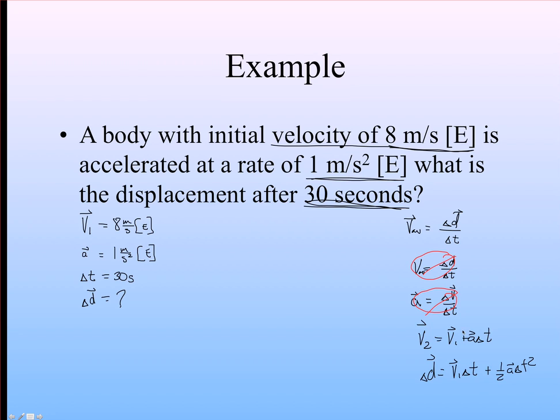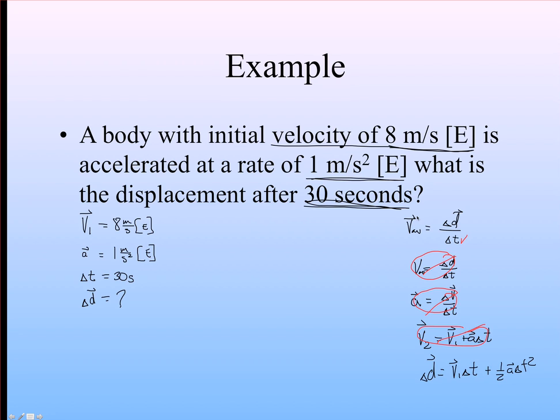Here, we do have a time, and we can find delta d. It's in there. We can isolate that. But we don't have an average speed or average velocity, and so as written, we won't be able to use this.